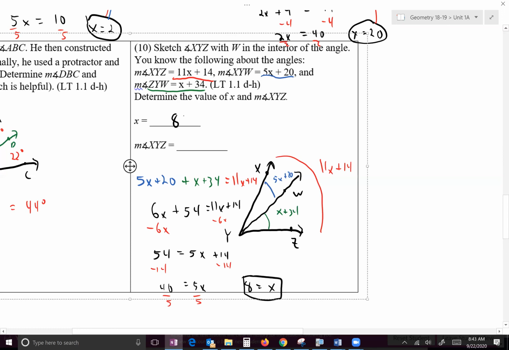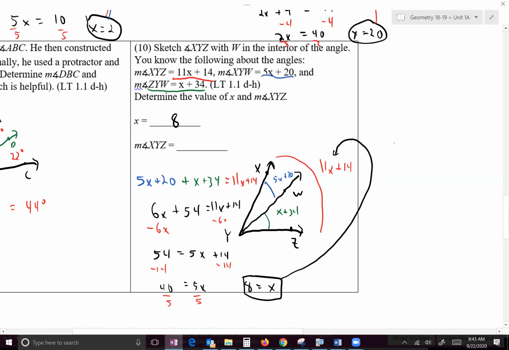Then they want us to plug it into XYZ. So we plug that in here. So 11 times 8 plus 14. Now that's 88 plus 14. That'd be 102. Now, ordinarily, if we weren't short on time, I'd plug this x equals 8 into the other two and do a check.